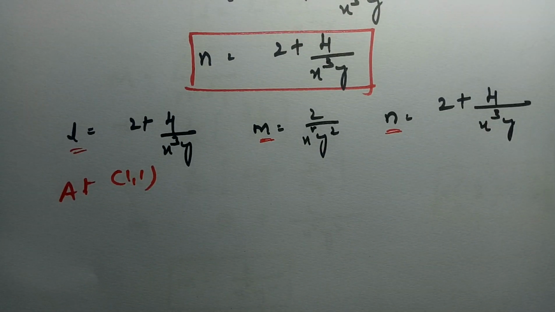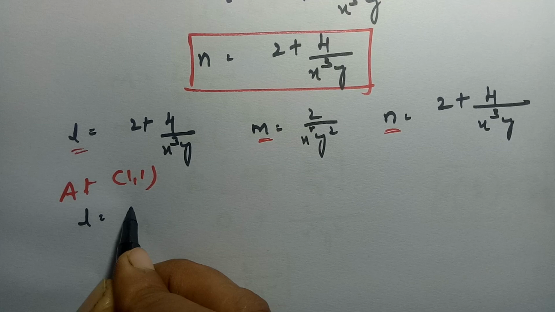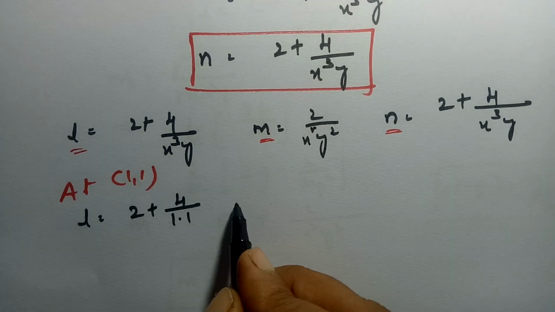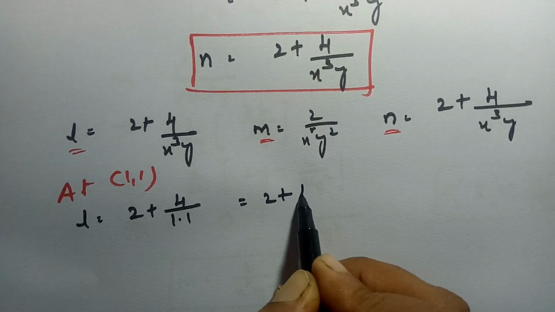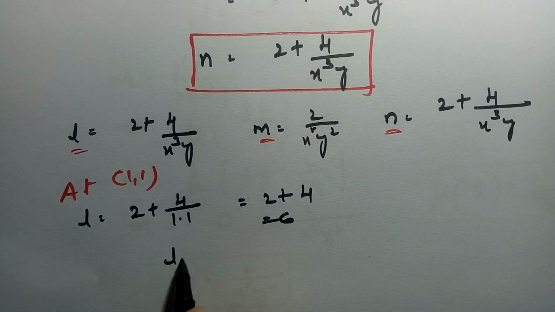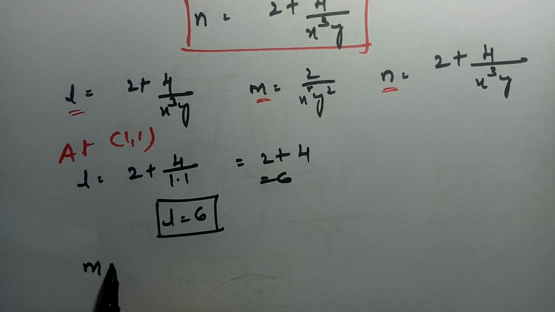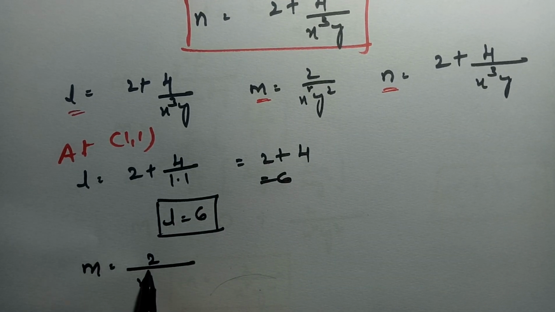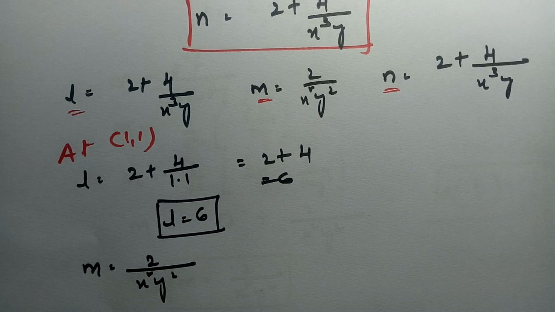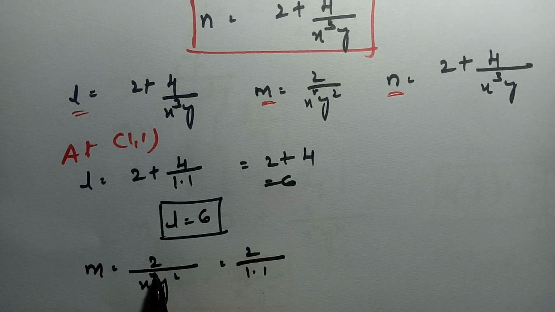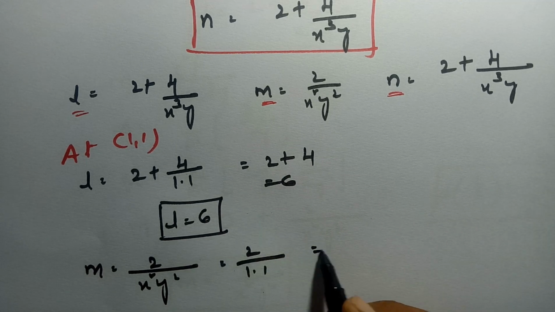If I substitute in place of x1, in place of y1, L will be 2 plus 4, which is equal to 6. L I got as 6. And if you see M value, that is 2 by x square y square, it is 2 into 1 into 1 in place of x1, in place of y1, so that will be 2.